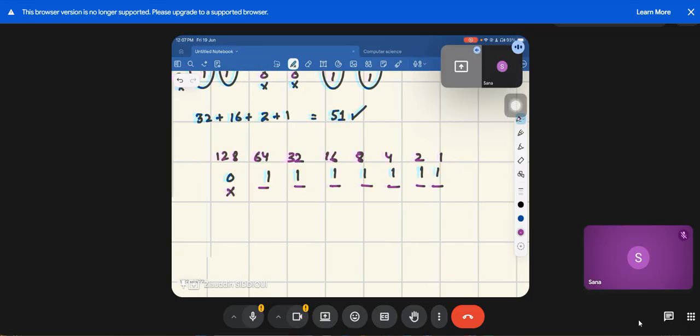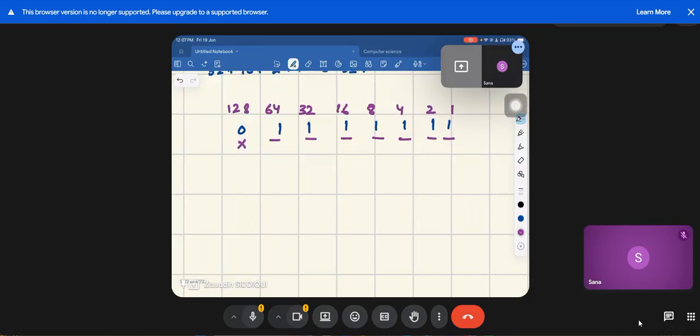Now add these values: 64 plus 32 plus 16 plus 8 plus 4 plus 2 and plus 1.